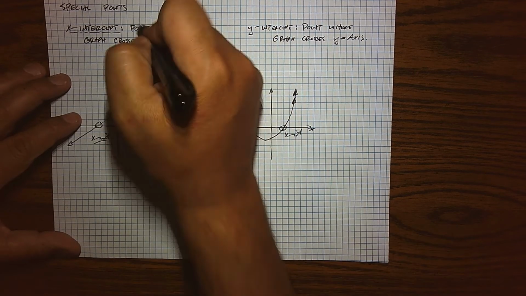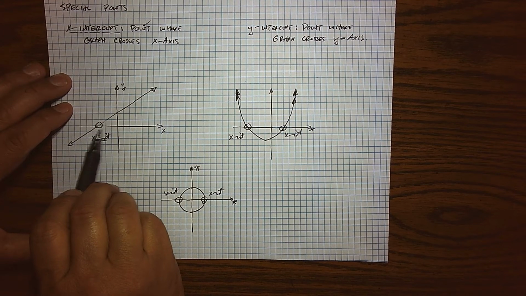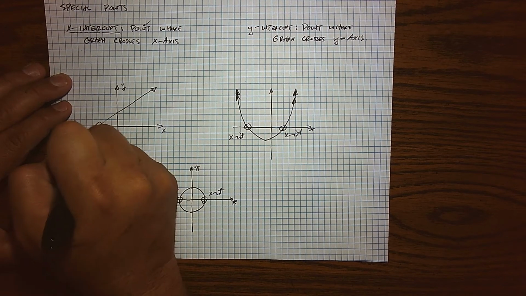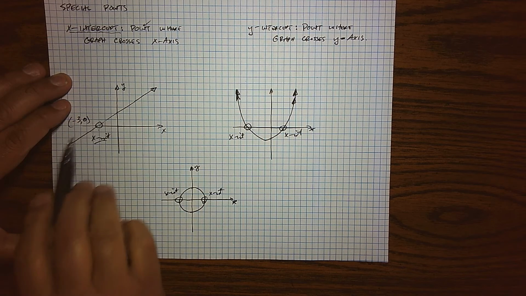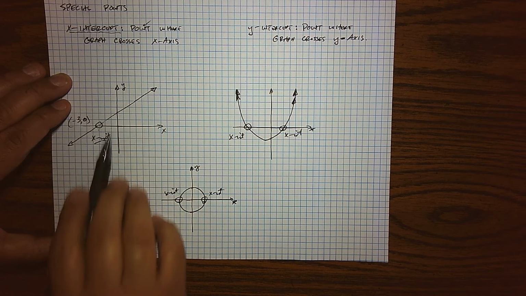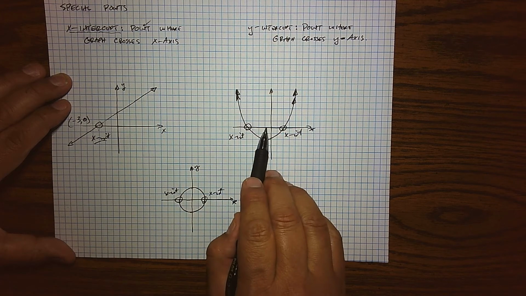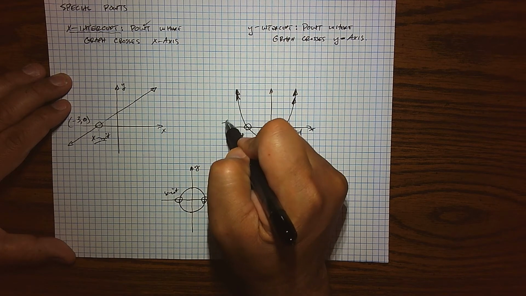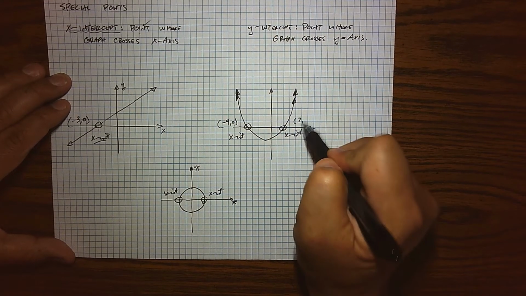And stressing the idea that it's a point, right? The location where we're crossing the x-axis, well, it looks like we're sitting at (-3, 0). All right, so (-3, 0) is the location, the point, where we're crossing the x-axis, x-intercept. For these graphs, the first x-intercept looks like it's at (-4, 0), and the other one looks like it's at (2, 0).